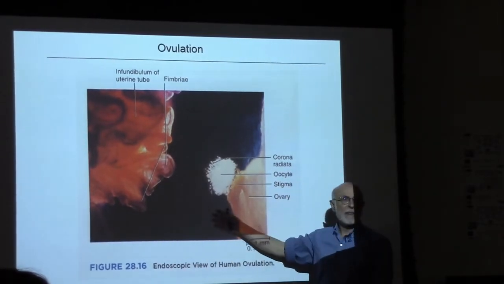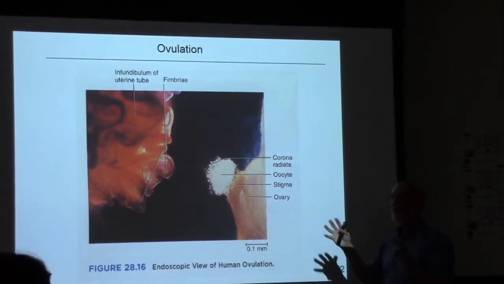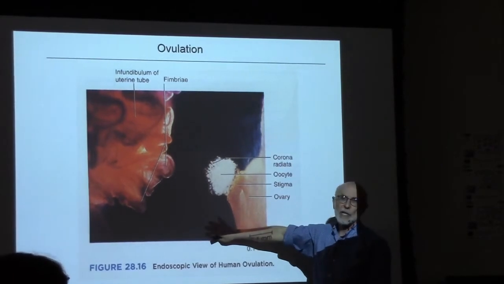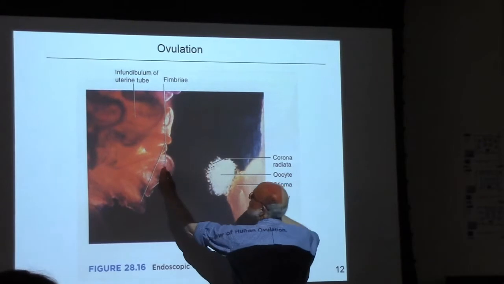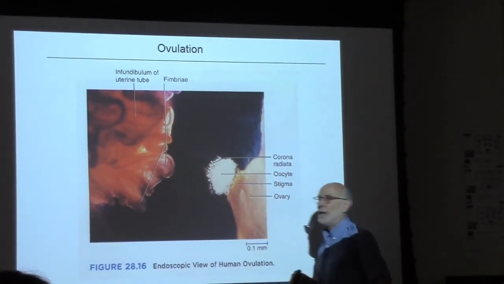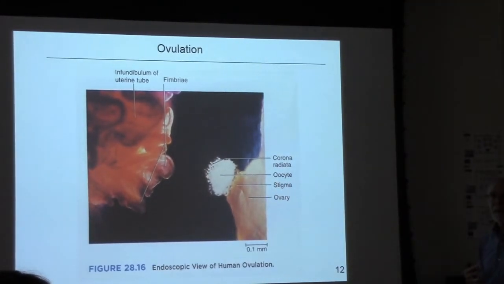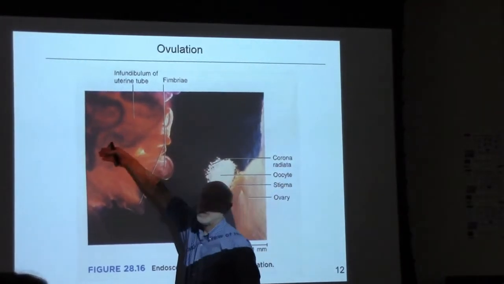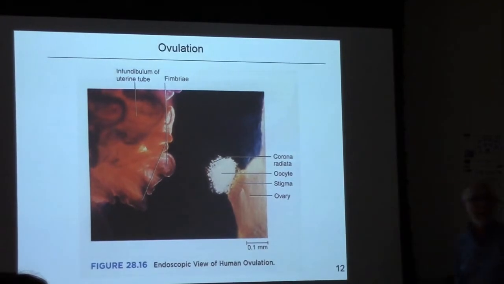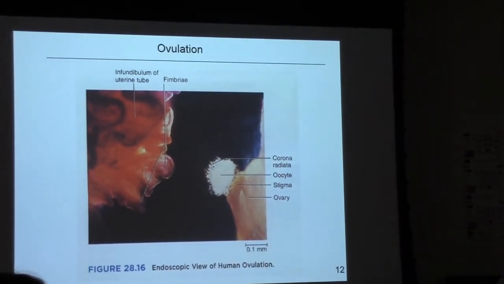I think to get this image, they probably expanded this space with injection of fluid or something. But typically the distance between the fimbria and the ovulated oocyte is very small, and the fimbria then bind and transport the ovulated oocyte.